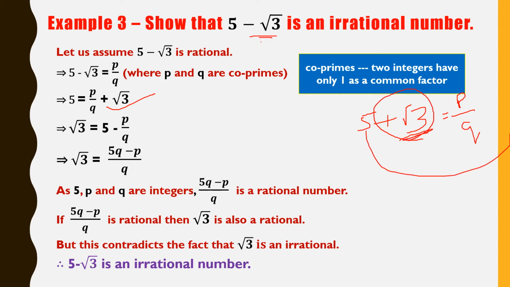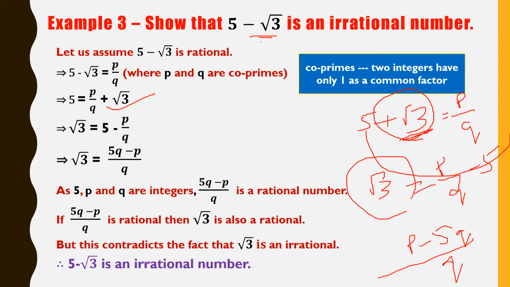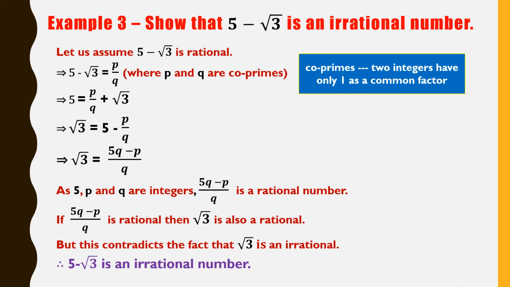Send this 5 only there. So you'll get root 3 equal to p by q minus 5. Now take the LCM. We'll get p minus 5q by q. The only thing is you should put this irrational number in positive. Okay, so let us go to the exercise problem.